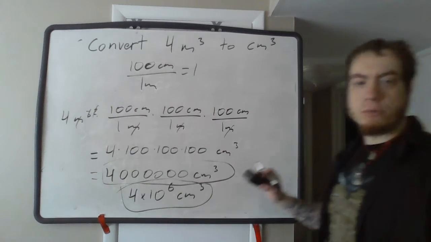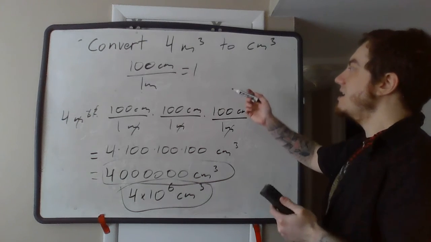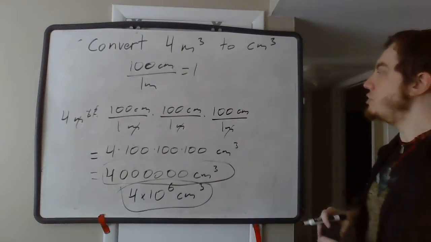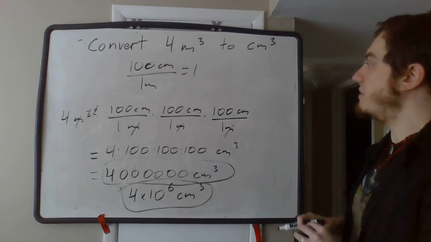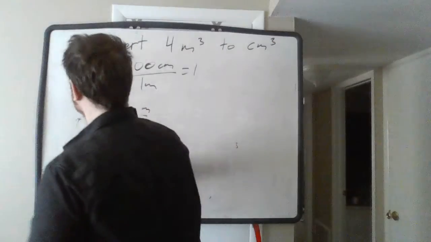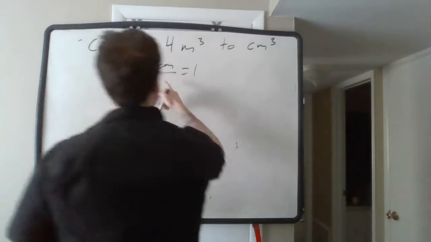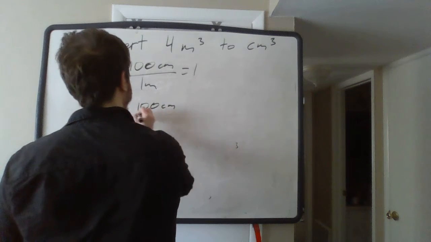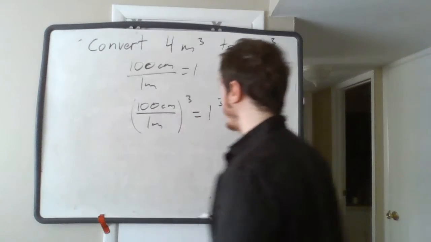Now, one thing that I want to observe about this is you could take this conversion ratio and make it into a conversion ratio for meters cubed right off the bat if you wanted to. So instead of going through this process where I multiply by the same conversion ratio over and over again, I could say, well, if this ratio is equal to 1, then that means that 100 centimeters over 1 meter cubed is equal to 1 cubed.